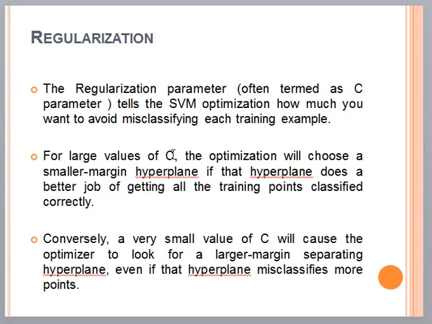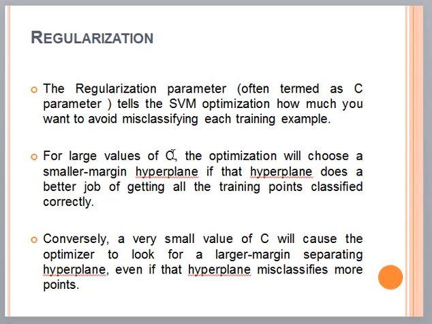Regularization, the regularization parameter, which is also termed the C parameter in an SVM, is used for SVM optimization, and it tells how much you want to avoid misclassifying each training example, right? You remember that we can have some misclassification. This term tells the SVM algorithm how much we want to avoid those misclassifications on the training set of data.